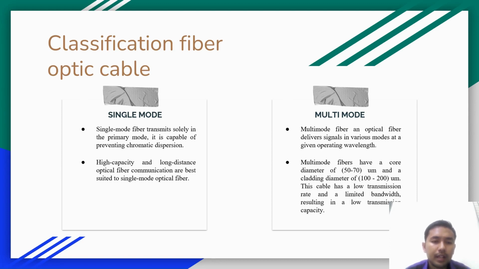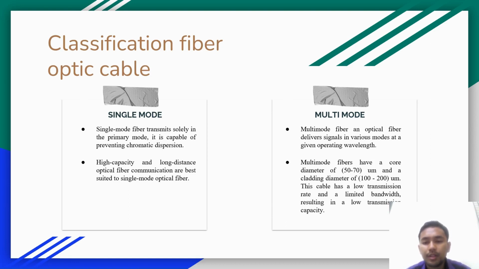Fiber optic cable has two modes, which are single mode and multi-mode. Single mode transmits solely in the primary mode. It is capable of preventing chromatic dispersion. High capacity and long distance optical fiber communication are best suited to single mode optical fiber.